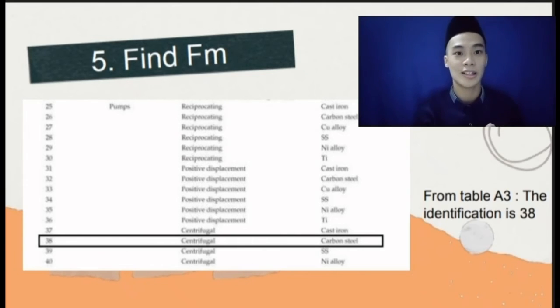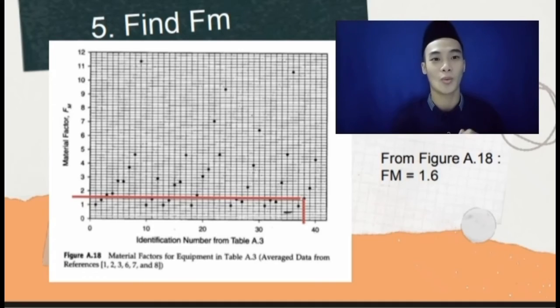As shown in Table A.3, the identification number is 38. After we get the identification number, we proceed to Table A.18, where we need to draw a line on the table. As the result, the material factor that we get is 1.6. That's all for me. I will pass to the next presenter.